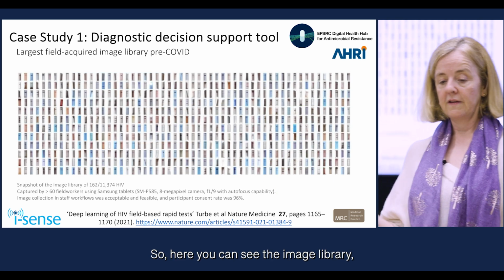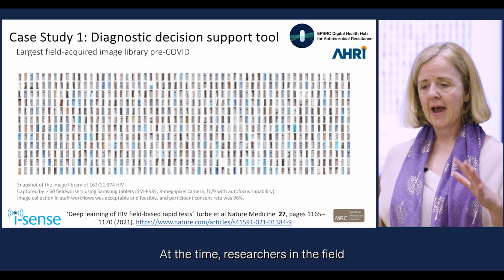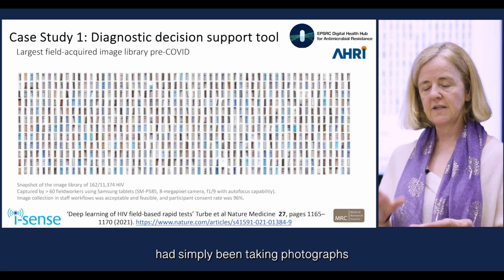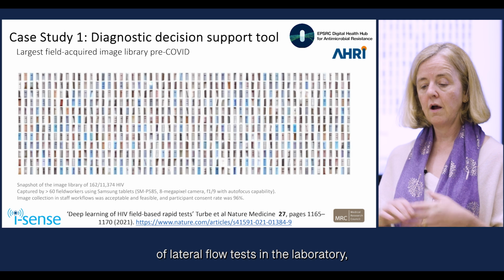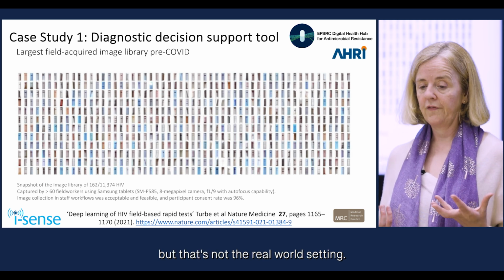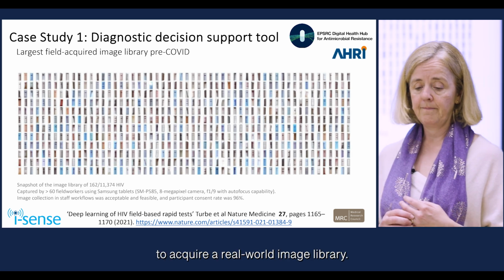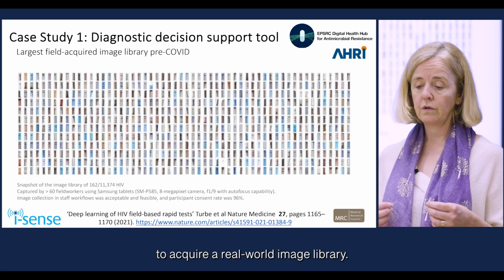So here you can see the image library, which was really crucial to this work. At the time, researchers in the field had simply been taking photographs of lateral flow tests in the laboratory. But that's not the real world setting. So we set about working with over 60 field workers to acquire a real world image library.